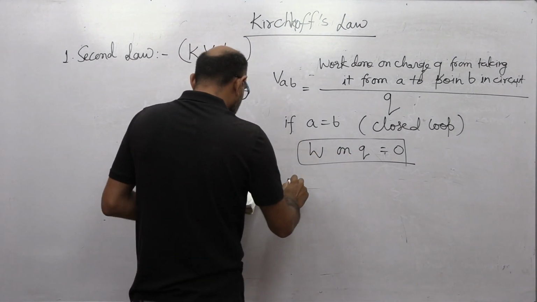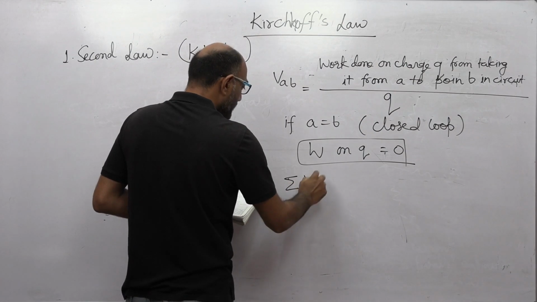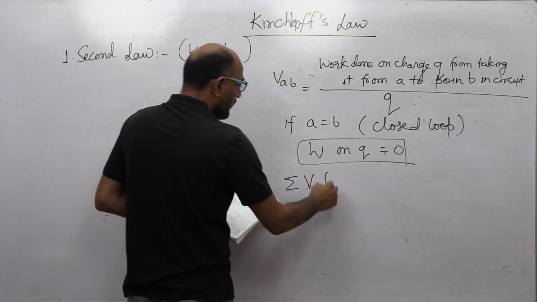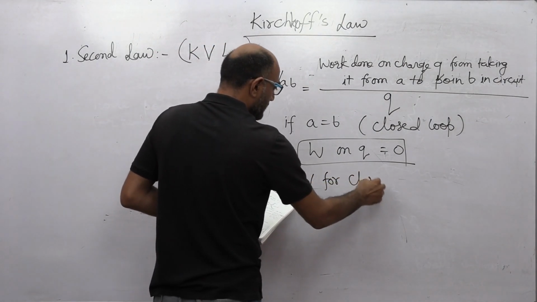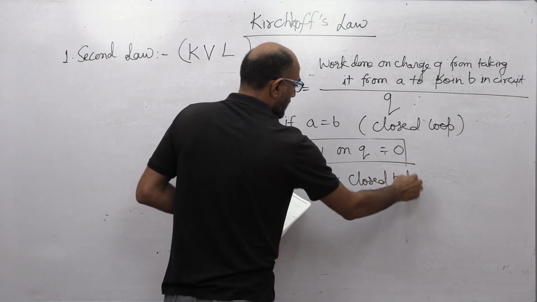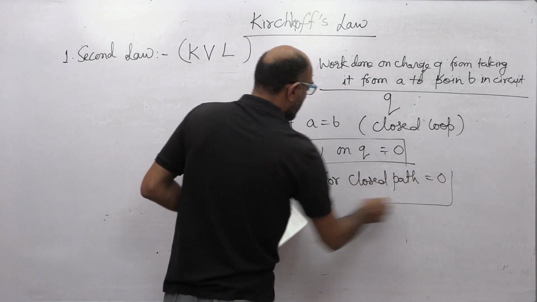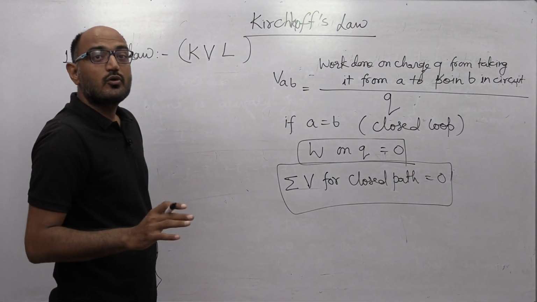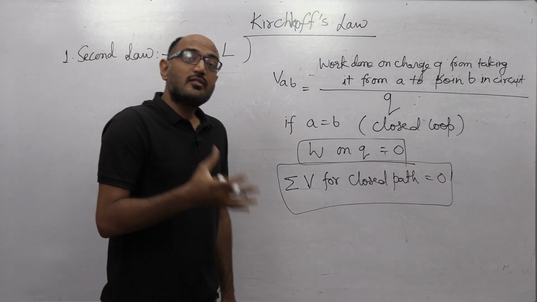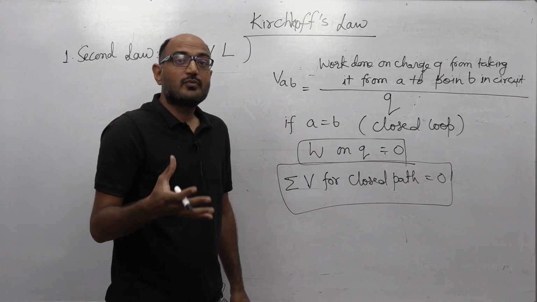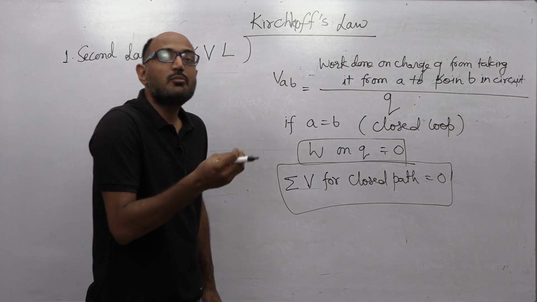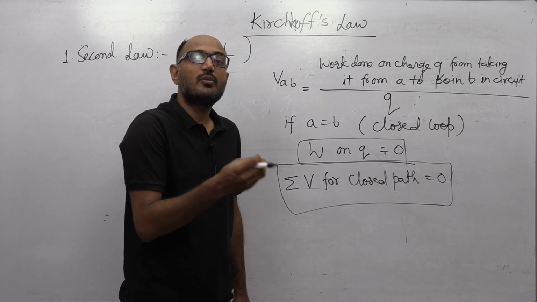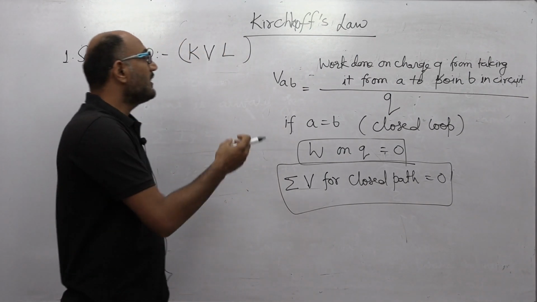So the potential difference, summation V for closed path, is equal to 0. This is nothing other than Kirchhoff's second law or Kirchhoff's voltage law. So we can see that all these laws are coming through the very basic equations or the very basic definitions in electronics.